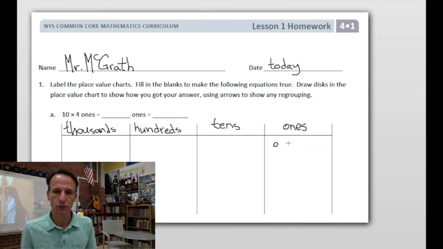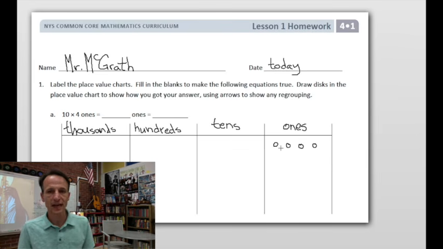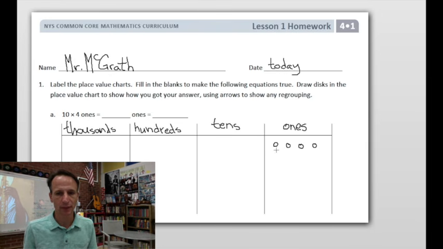So I'm going to draw 4 ones. 1, 2, 3, 4, and I'm spacing them out and making them that size for a reason, because what we have to do next is going to require a bit of patience on both our parts. We need to multiply it by 10, and the way I'm going to do that is I'm going to draw out a total of 10 in each column.